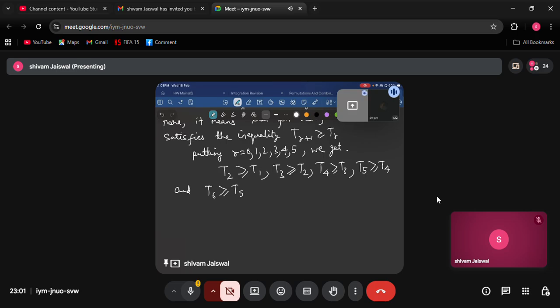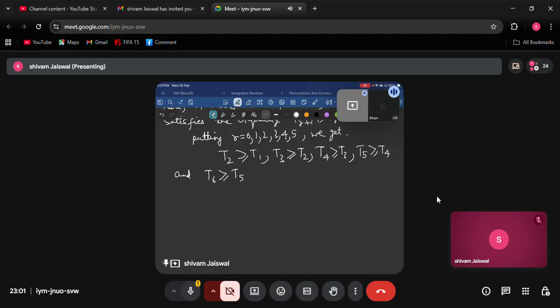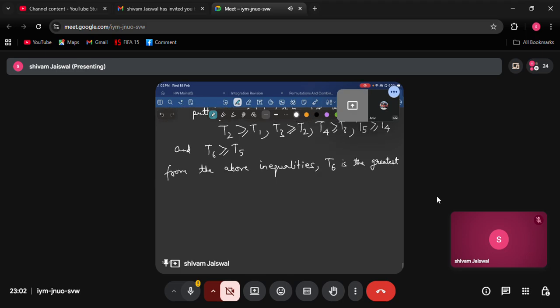If I combine all of the above inequalities, which one is the greatest? We can conclude T6 is the greatest. Now you get how we can find the numerically greatest term. T6 is the greatest. Therefore T6 is equal to 8C5 into (4/3) to the power 5.